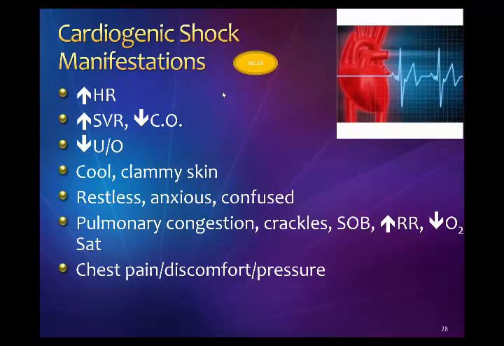But the main thing that's really different with a patient in cardiogenic shock is you're going to hear crackles in the lungs. This is something you will not see in any other type of shock except for one that we're going to talk about, and that is obstructive shock.